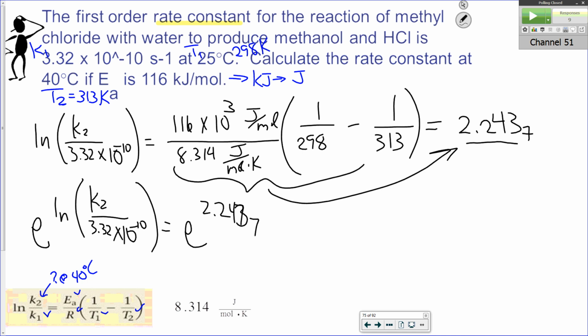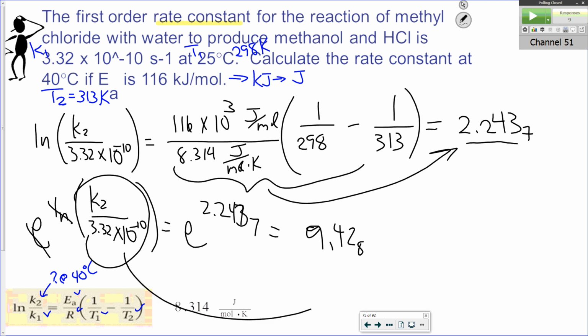So when I do it to the right-hand side, this becomes 9.428. Okay, and if I take the anti-log of a log, that basically cancels out. So this term is just equal to K2 divided by K1, which is the 3.32 times 10 to the minus 10.